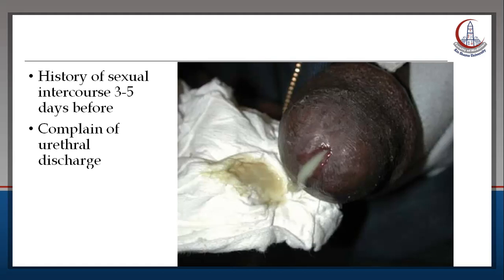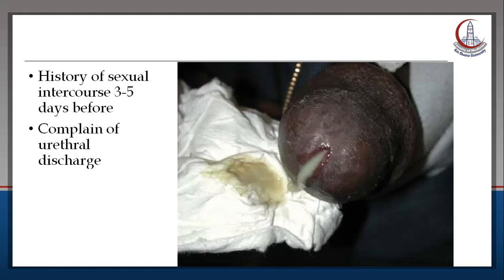The incubation period of gonococcal urethritis caused by Neisseria gonorrhoeae is 2 to 5 days. This is the period from the sexual intercourse that transmits the disease to the presentation of the patient with urethral discharge. Urethral discharge can be described as a white, yellow or green discharge in large amount.